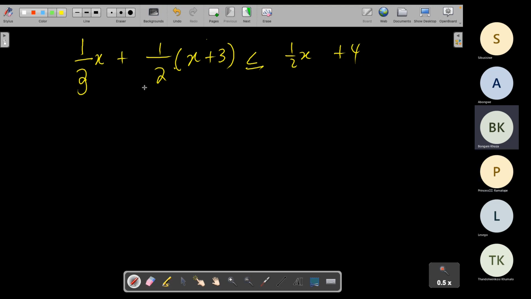All right. So here we're having fractions like this. So you need to sort out this denominator.